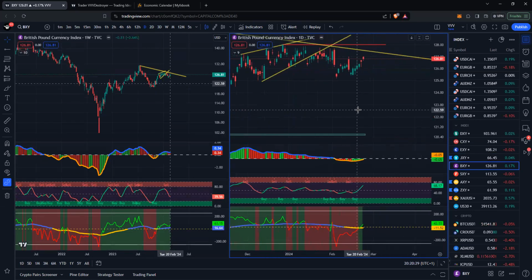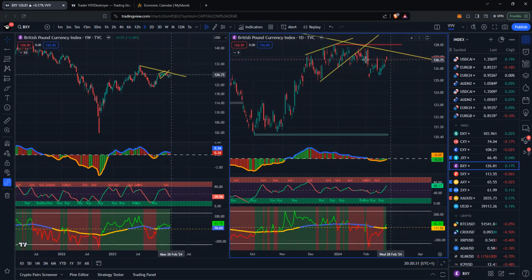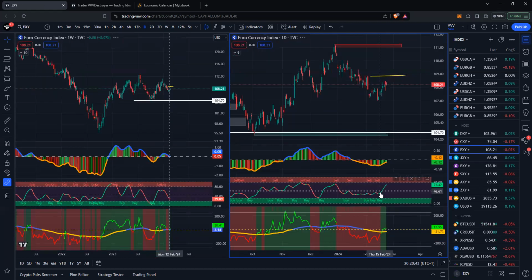The BXY, we had a position here and it took out at break even because it didn't break to the downside, which is very interesting. Also here in the AXY, how the destroyer is reacting.